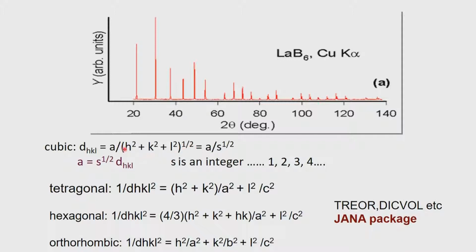Now, this quantity h² + k² + l², we can write it as S, and that has to be always an integer, because h, k, l are all integers. So, the h² + k² + l² should also be an integer. So, it can take values 1, 2, 3, 4, etc. So, let us take a situation where we use this.